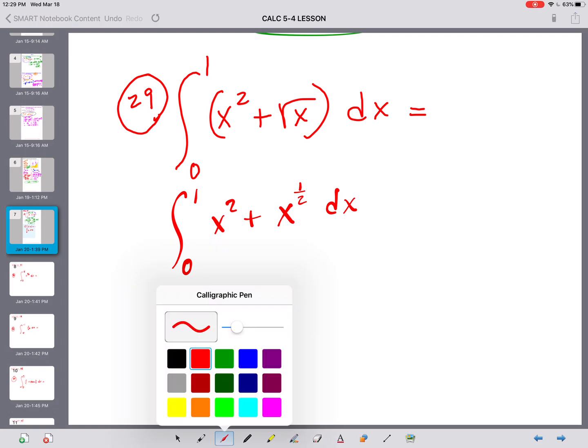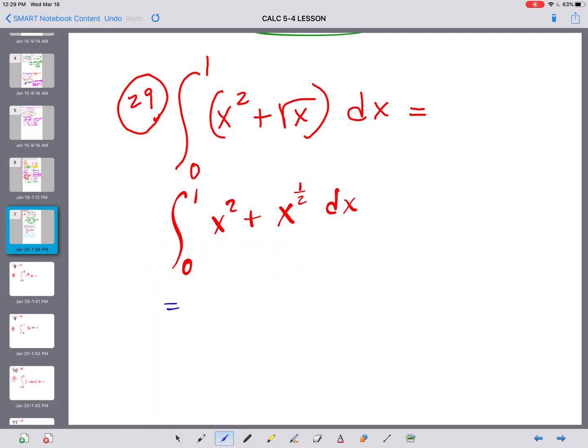Let's do the antiderivative in blue. Antiderivative of x squared. Well, it's going to be x to the 3rd. Now, 3 times what number gives you a 1? Well, it's going to be 3 times 1/3. That's the antiderivative of x squared. Plus, because we have a plus there.